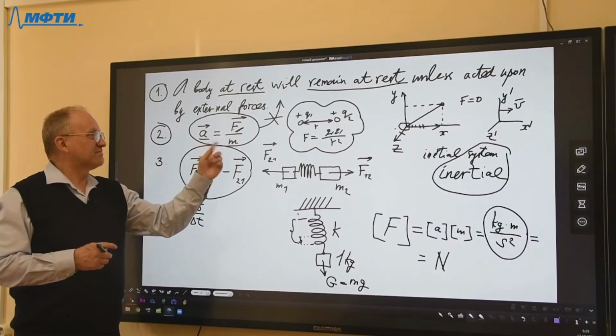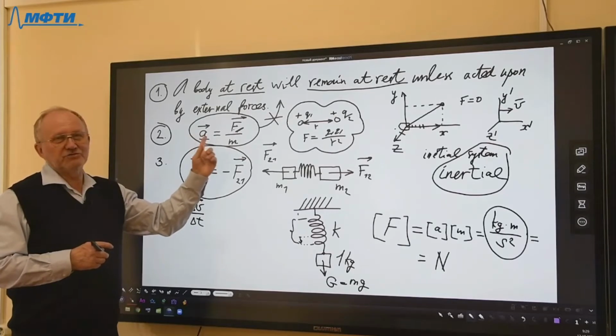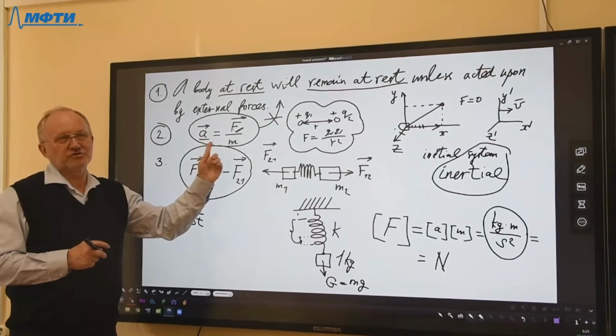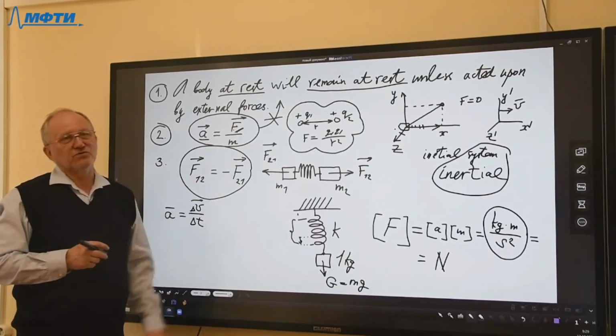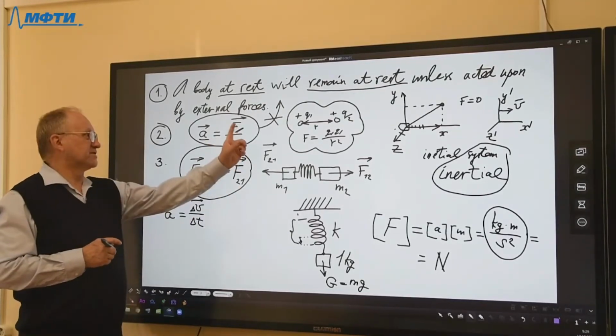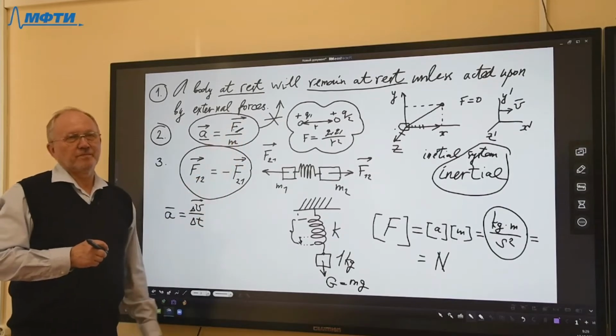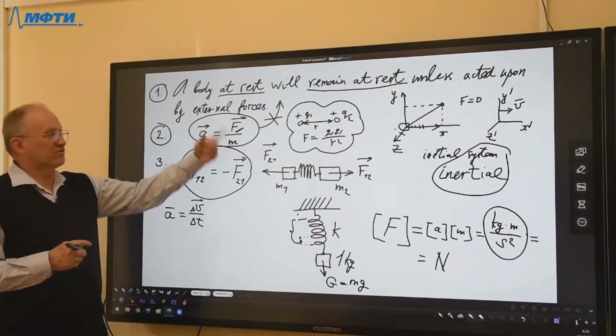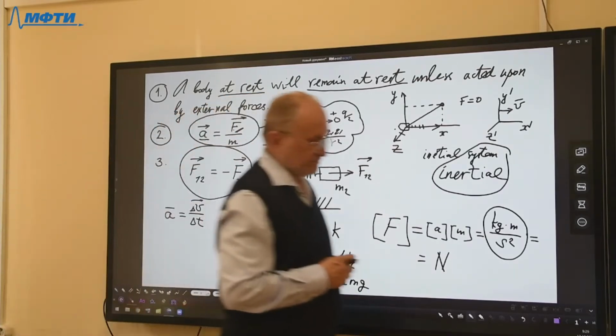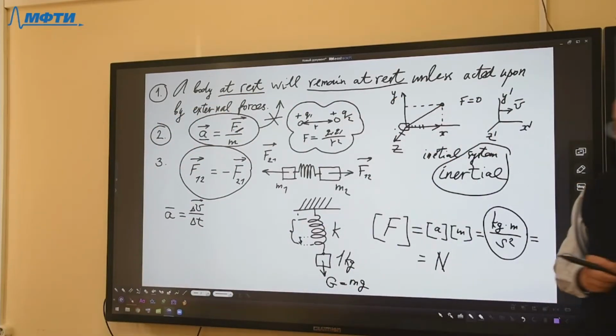It will have some different meaning in relativistic physics. Actually, in relativistic physics, it's not convenient to introduce forces. Forces are not considered in relativistic physics. So this law will have some different meaning. There will be not forces, but momenta of bodies.